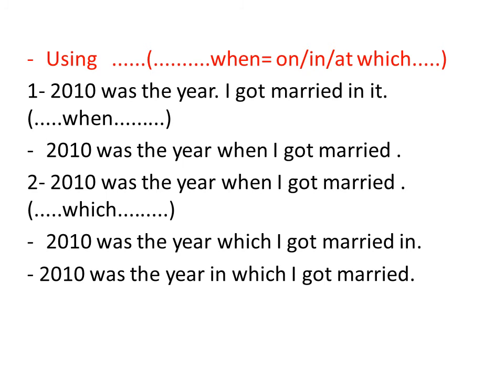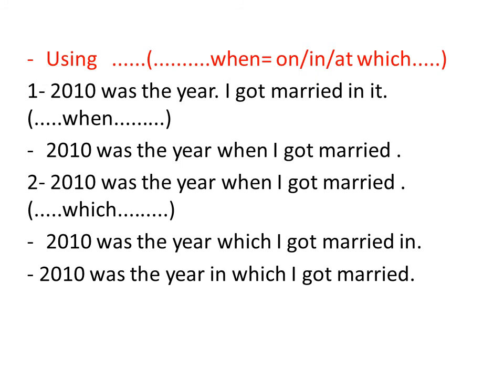Okay, but in number 2, if he gave us a sentence that says 2010 was the year when I got married, and he asks us to use which, the answer will be 2010 was the year which I got married in.